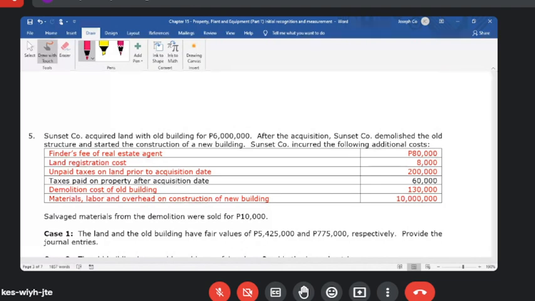Taxes paid on property after acquisition date, 60,000. Demolition cost of all building, 130,000. Material, labor, overhead on the construction of new building, 10 million. May salvage material tayo for the demolition cost. And sabi nga natin, credit na siya sa other income, no?